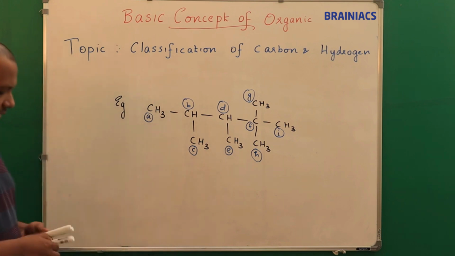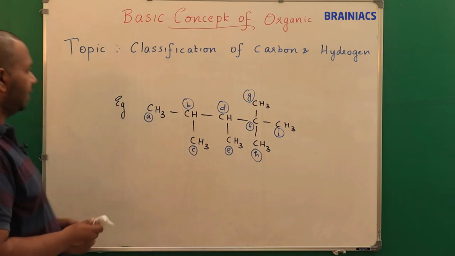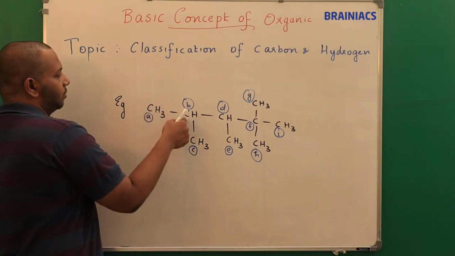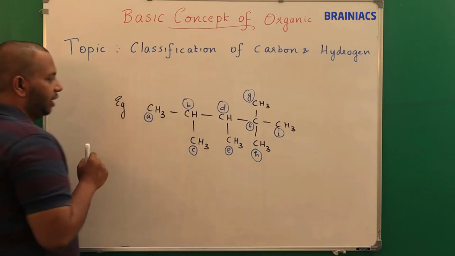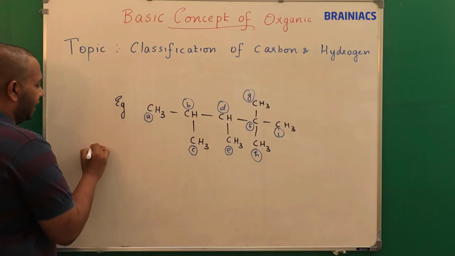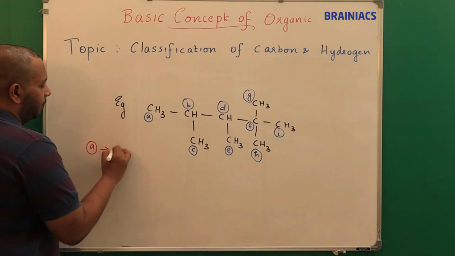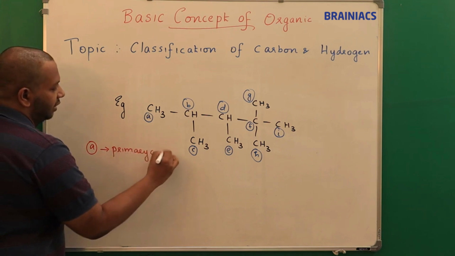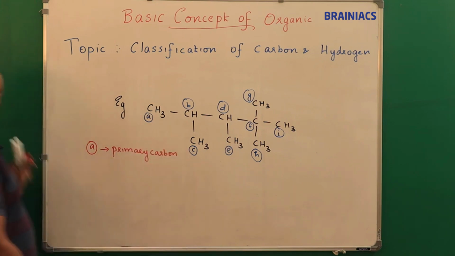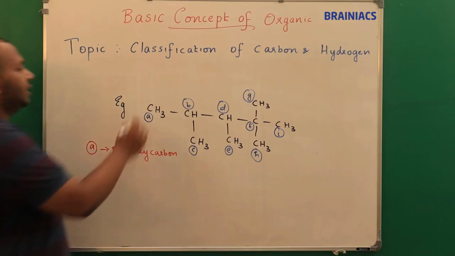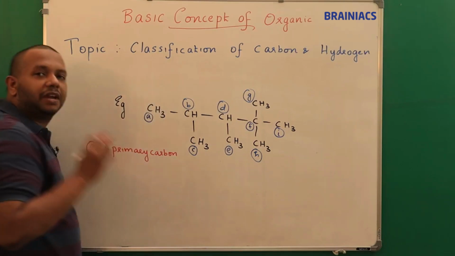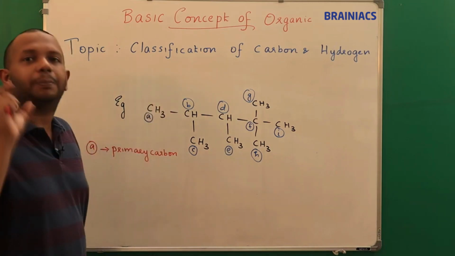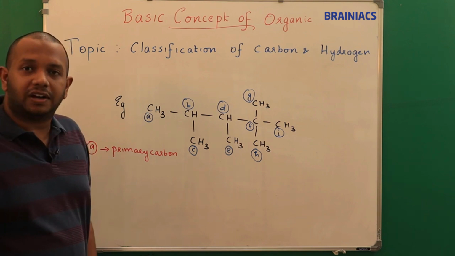Okay. Now if I see here, you can remember like this: this carbon atom is connected to only one other carbon atom and the remaining 3 are connected to hydrogen. So I know that A is what sort of carbon? Primary carbon. Correct? A is a primary carbon. Now tell me, the hydrogen atom attached to a primary carbon is called what sort of hydrogen?